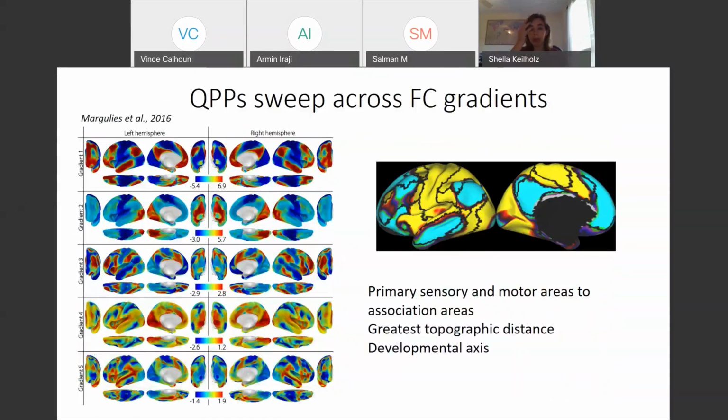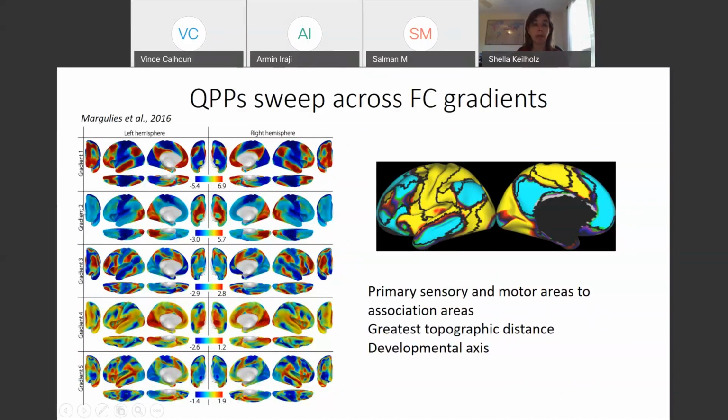With that, we also looked at how QPPs line up with functional connectivity gradients. So this is a fairly recent way of analyzing the data described by Margulies et al. in 2016. And the idea is you basically do a dimensionality reduction based on the similarity of functional connectivity profiles across areas.